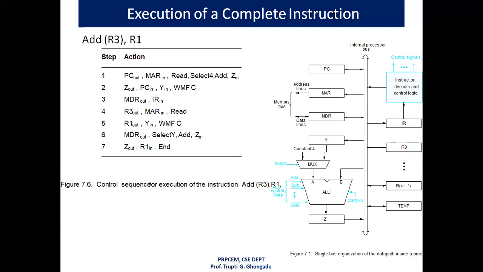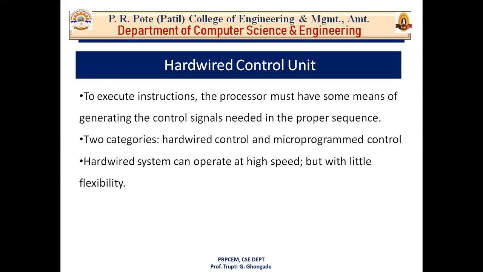Step 1 is completed in one clock period, step 2 is completed in one clock period, likewise. A counter may be used to keep track of the control steps. So each step is completed in one clock period, and to keep track of these steps, we use a counter.